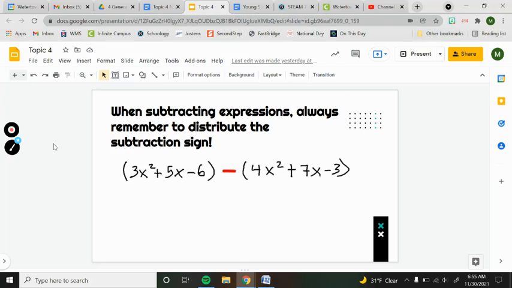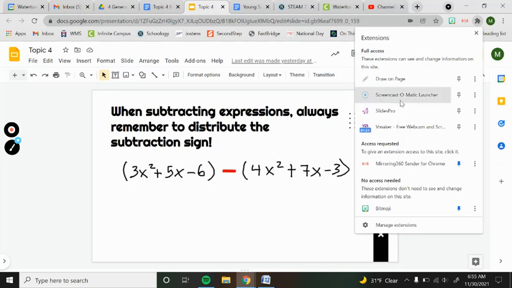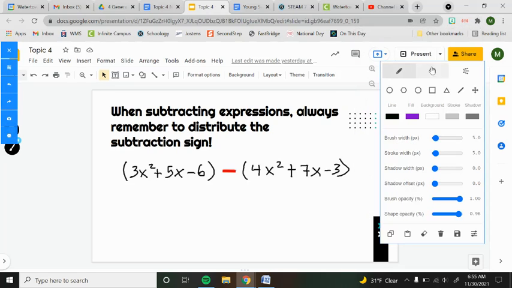All right. So we're going to look at this example together, and I'm going to show you exactly what I mean when I talk about distributing that subtraction. So what you're going to need to do first is look at the subtraction sign.